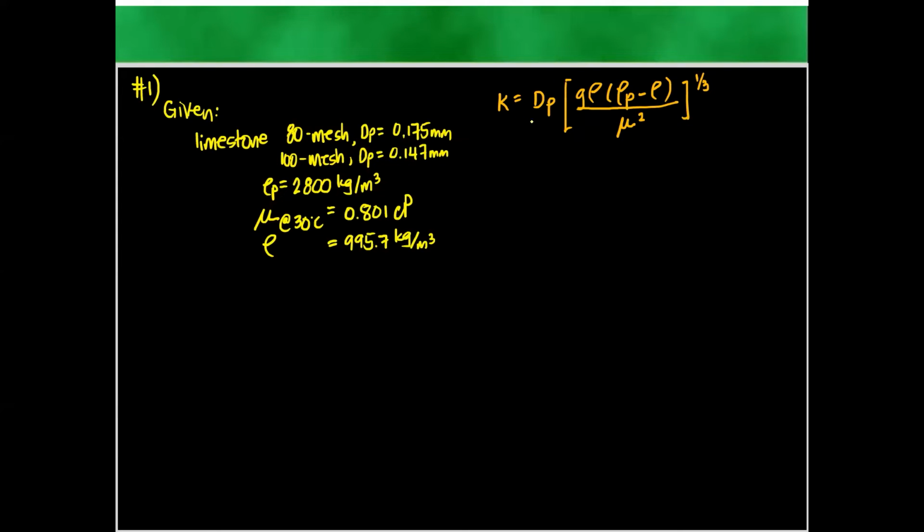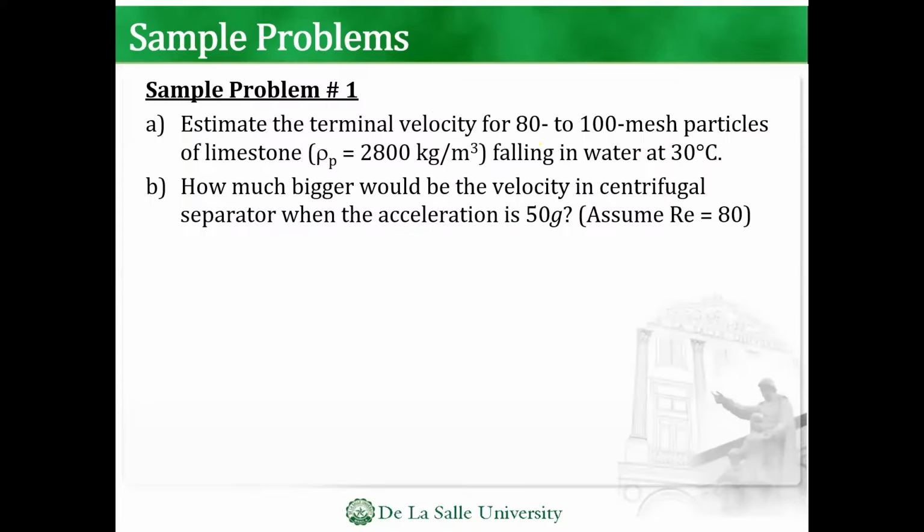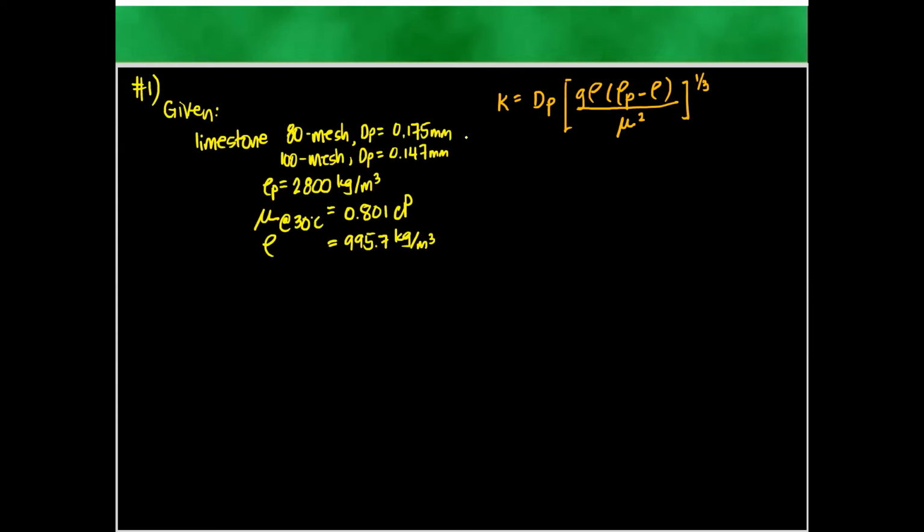But you notice that here, it's basically just a single dP, because from the problem, it's the velocity for 80 to 100 mesh particles. So let's just get the average diameter of the particles. It's 0.161 mm.